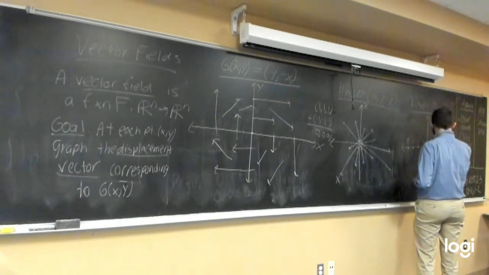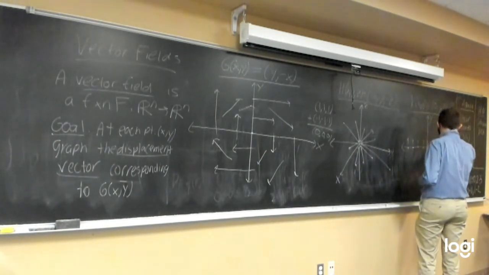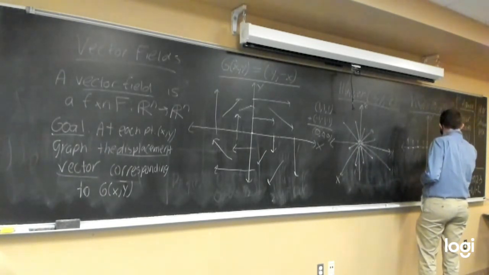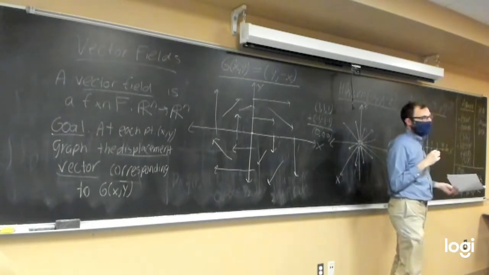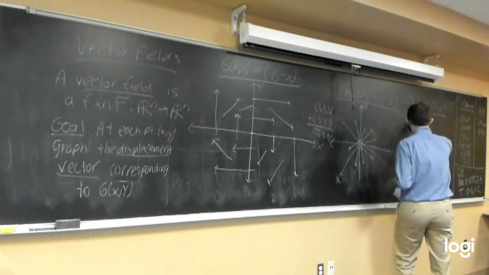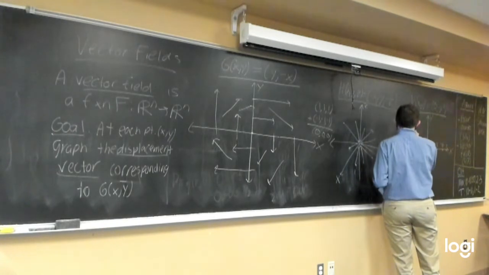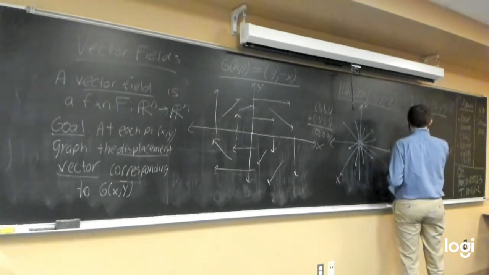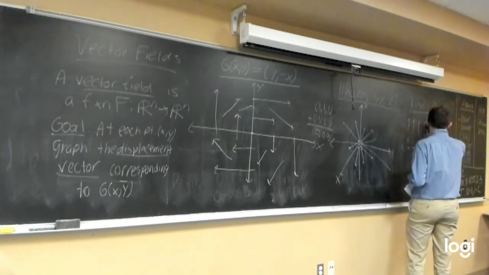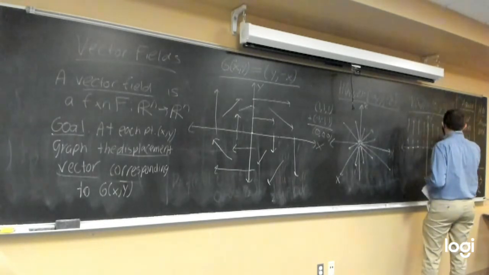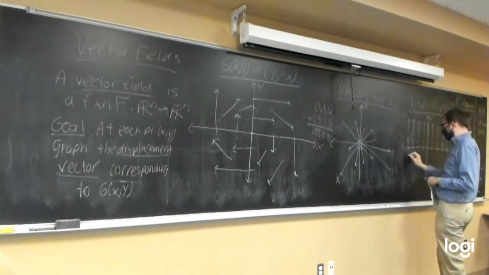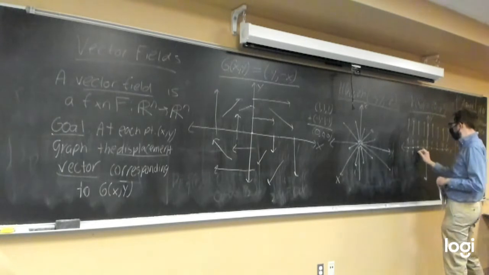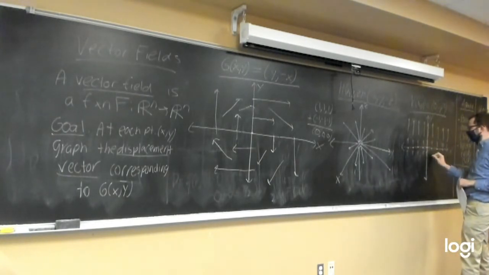So for points that are close to the x-axis, we're going to get arrows that point upwards a little bit. But for points that get further and further away from the x-axis, the outputs are going to be more and more positive. Similarly down here, for points close by, they're only going to point up a little bit.